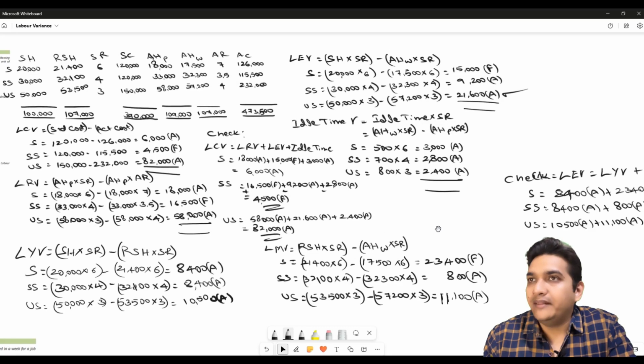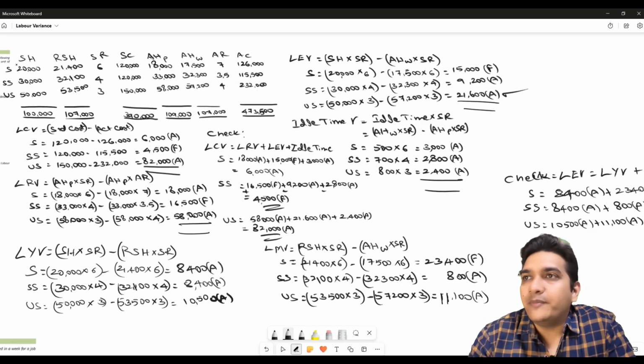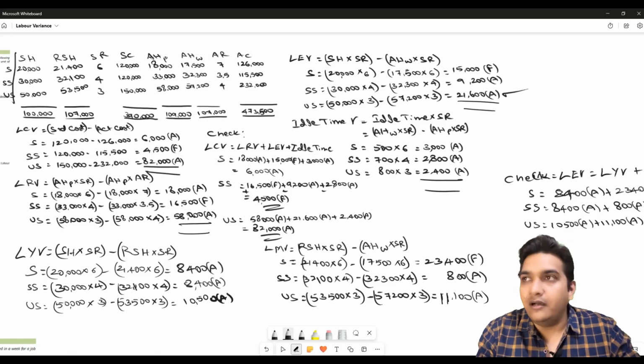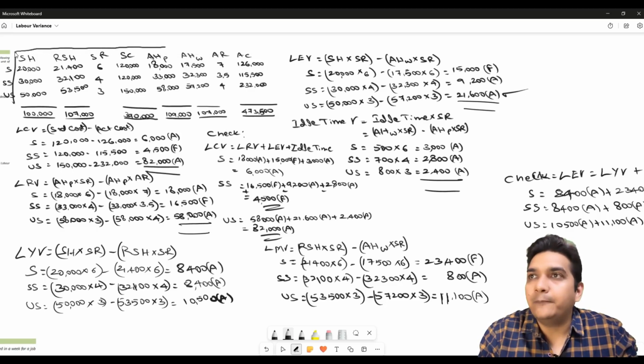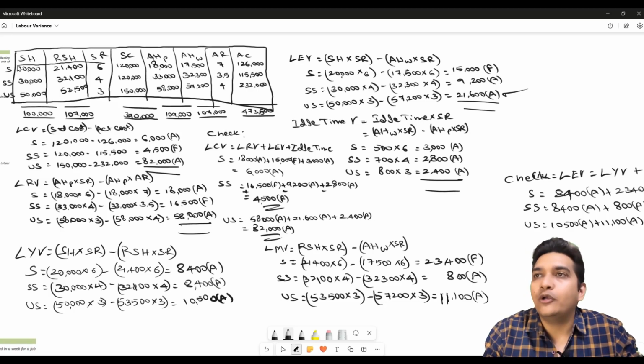One thing you have noted is we have captured all the information in the table. Once we have captured the information in the table, we do not have to refer back to our question again. This table helps us capture all the information and provides what we need to calculate everything in one place. You do not have to keep going back to the question asking where is it.